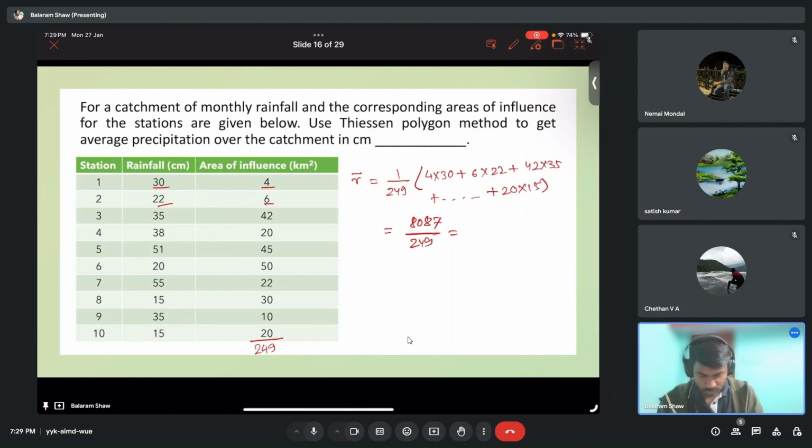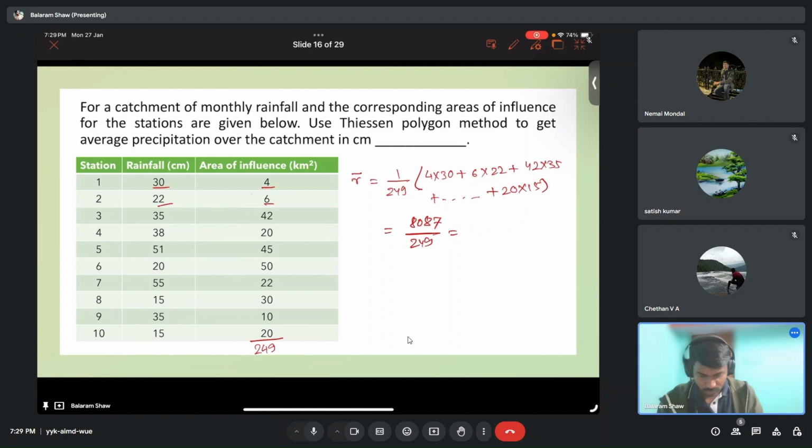Okay. Next question is, the isohyets of a monthly rainfall over a catchment are given below. The average precipitation over the catchment using the isohyetal method is dash centimeter. At 10 centimeter or less, the area of influence is 2.